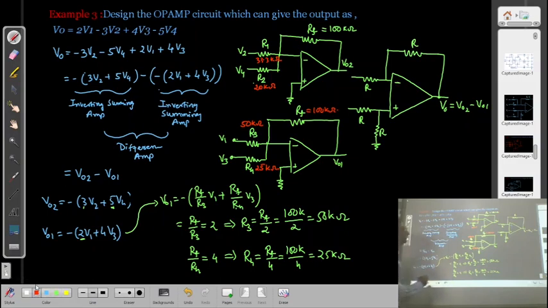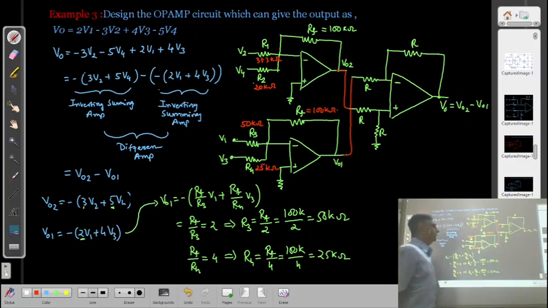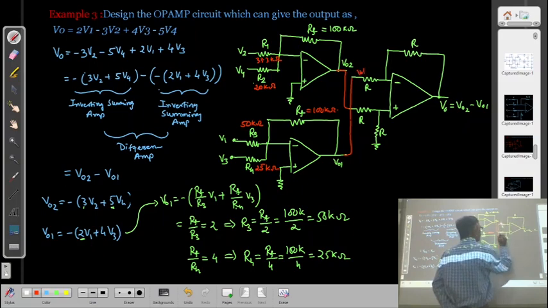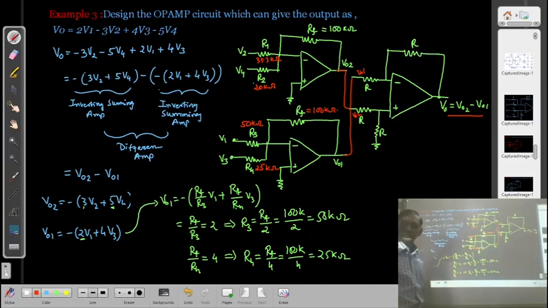You have to be careful that whatever the output voltage is present here, it is connected to a non-inverting terminal, and this output voltage is connected to an inverting terminal. So here the voltage is VO1, here the voltage is VO2, and then this output voltage is VO2 minus VO1.